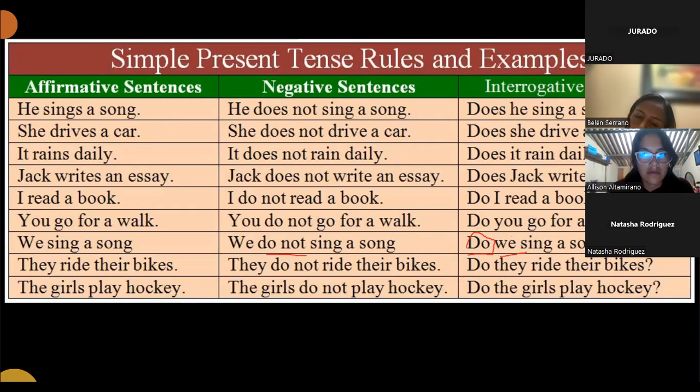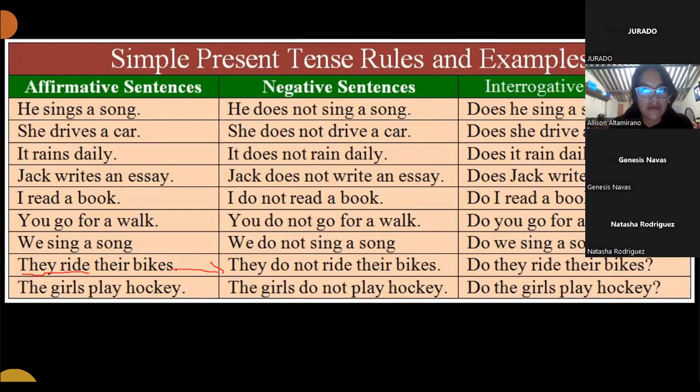Now, Belen, can you please read the next one? They ride their bikes. They do not ride their bikes. And do they ride their bikes? Very good. And for the last one, Alison, can you please read the last one?